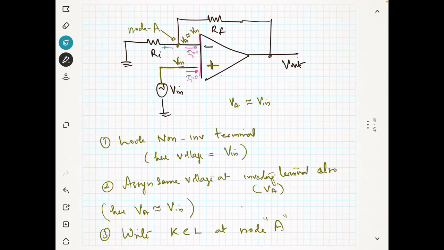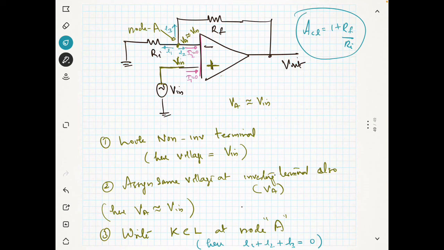Let's say this is I2, this is I1, and one current which is going above is I3. So here I1 plus I2 plus I3 is equal to 0. And for this you know that the closed loop gain was 1 plus Rf by Ri. We will check whether we get the same answer.